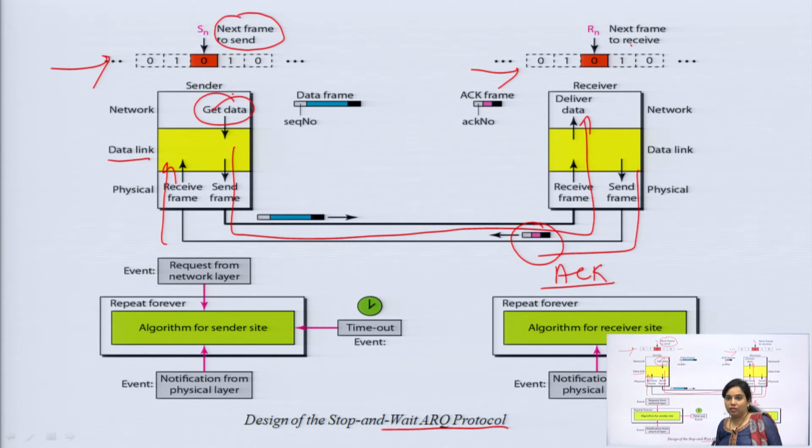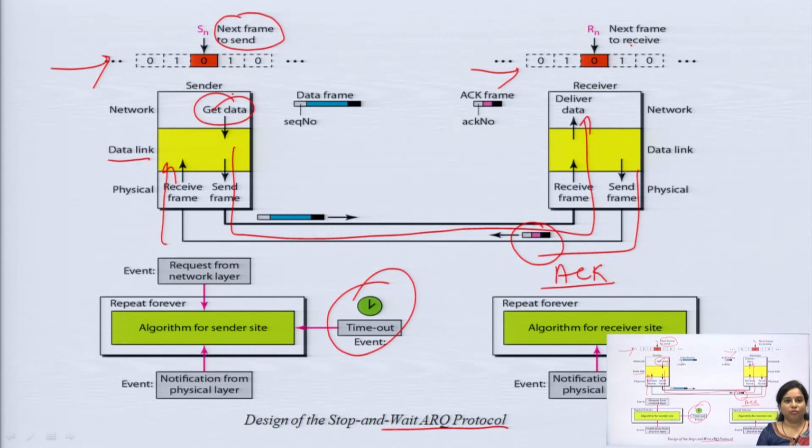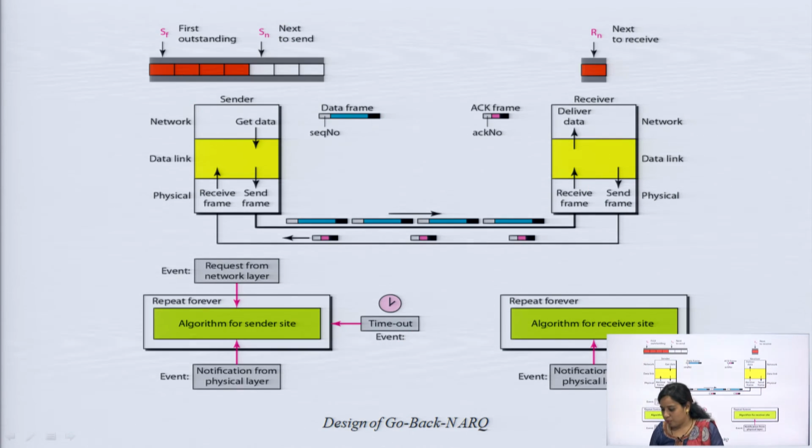Until that frame is received, the sender has to wait. You can see a timer is used in this algorithm, which decides that it will repeat after a particular time, because ARQ stands for automatic repeat request, so it will automatically repeat after a particular point of time. So, this is the design of the stop and wait ARQ protocol.